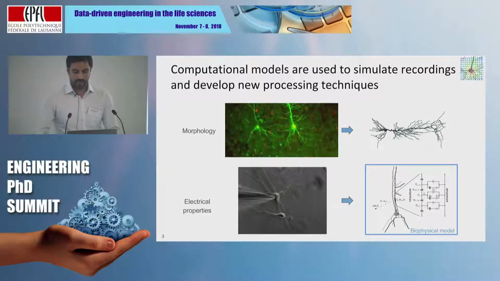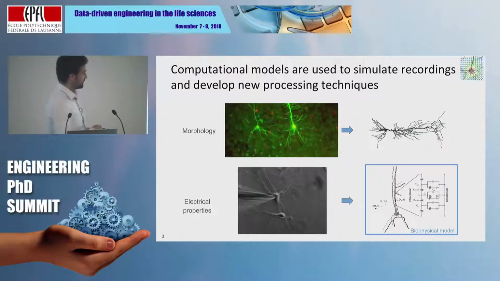So I've been using mainly a multi-compartment model developed, I guess, next door at the Blue Brain Project. And these models mainly consist of two different parts. The first part is the morphology, and you can see it's very detailed, and it's extracted from beautiful microscopy images.